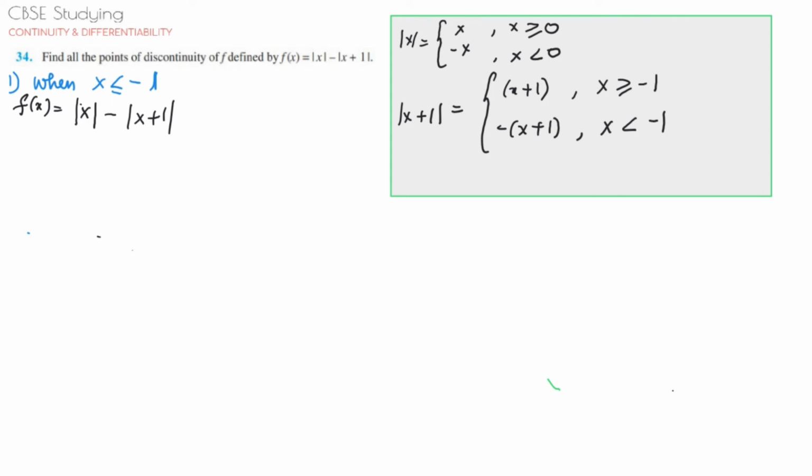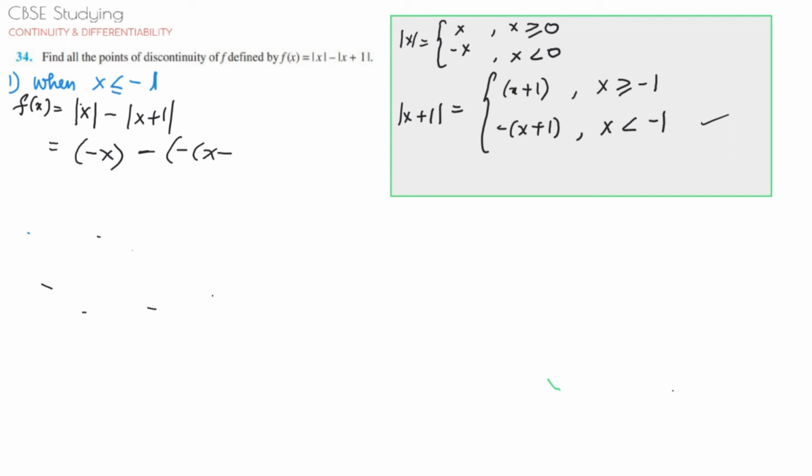I just wrote down the function like this. Let's see what happens to x when it is lesser than minus 1. When x is lesser than minus 1, it means that it is lesser than 0, it means it's negative. So we put the minus sign over here as per the function. What happens to x plus 1 when x is lesser than minus 1? When x plus 1 is lesser than minus 1, also it is negative.